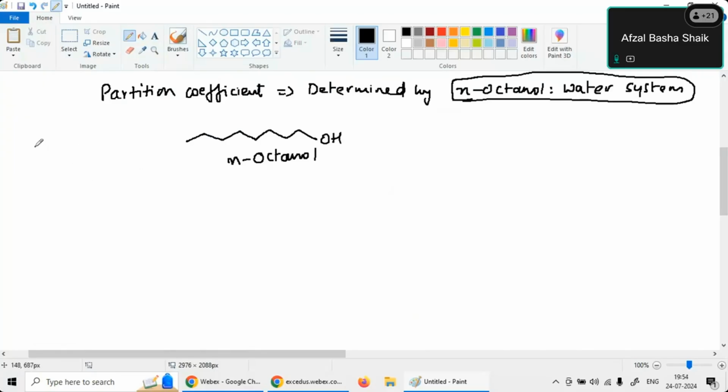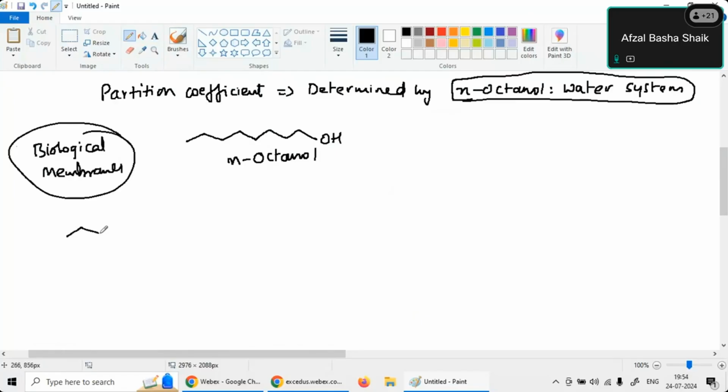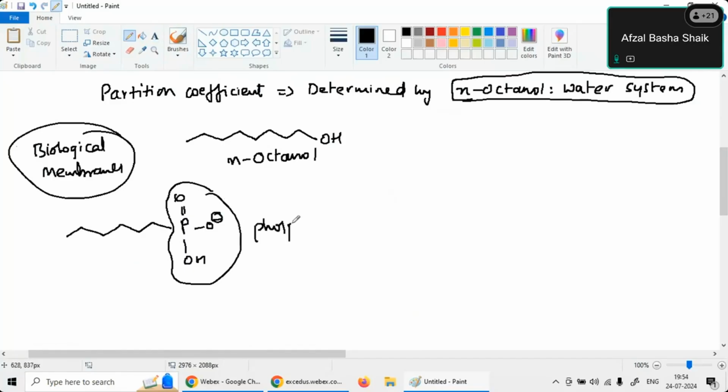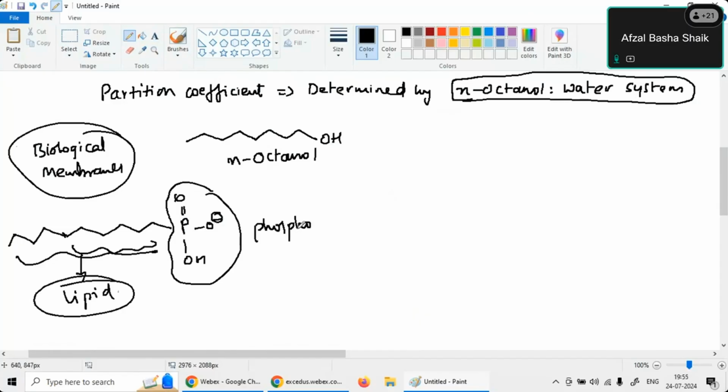Yes or no? What do the biological membranes contain? Phospholipid, and this is the lipid portion. Phospholipid bilayer, right?